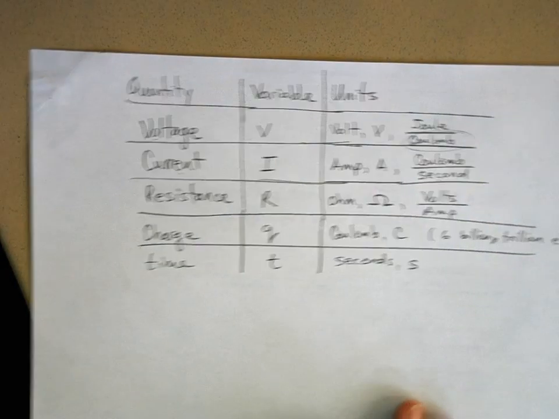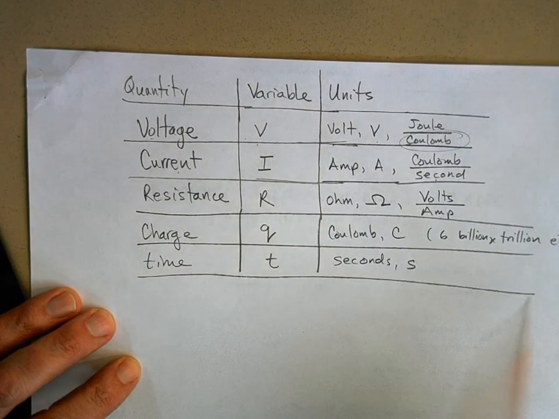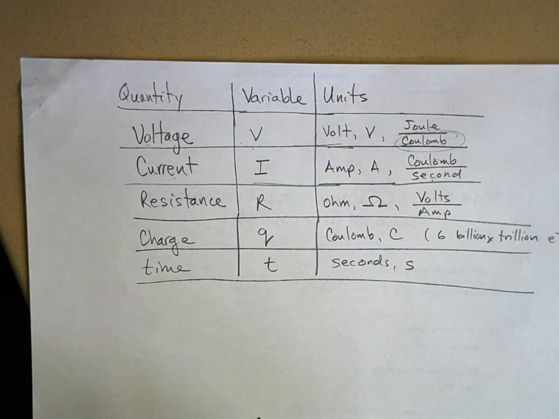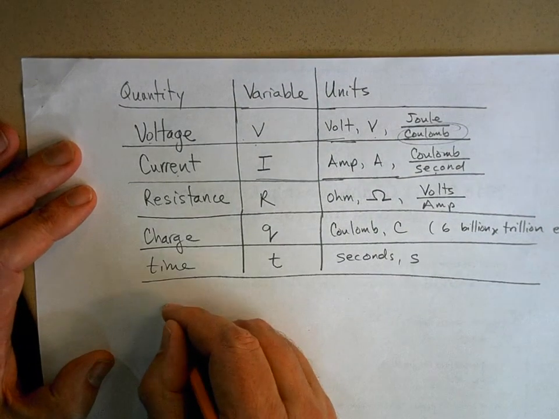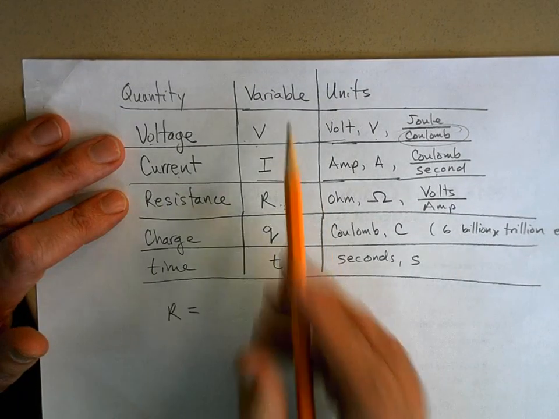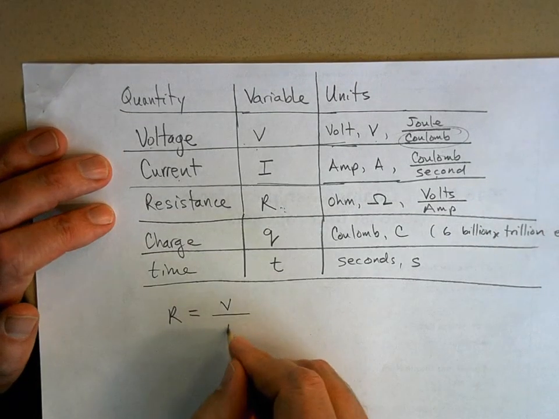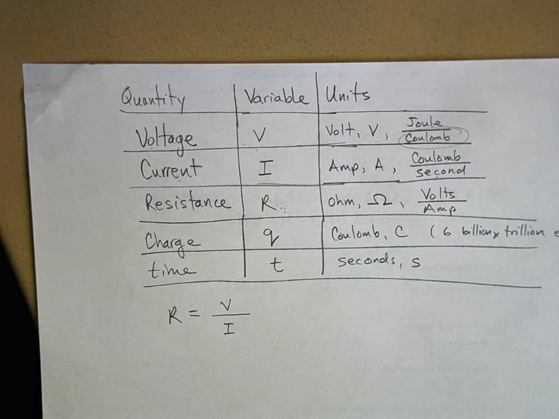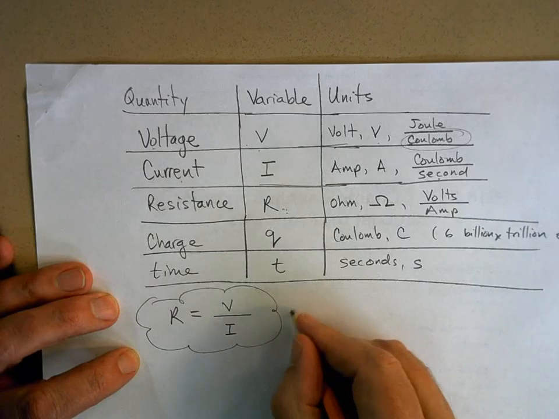Now, we do have some equations that I want you to know and use to be able to solve problems. We have Ohm's law, which says that resistance is equal to the amount of voltage I need for a certain amount of current. And this right here, this equation, is Ohm's law.